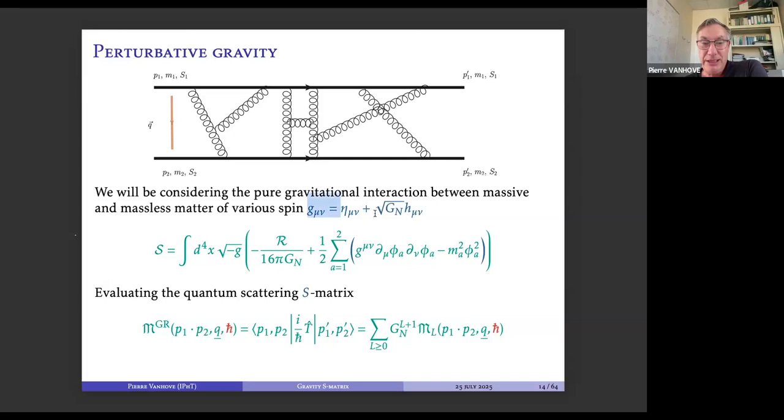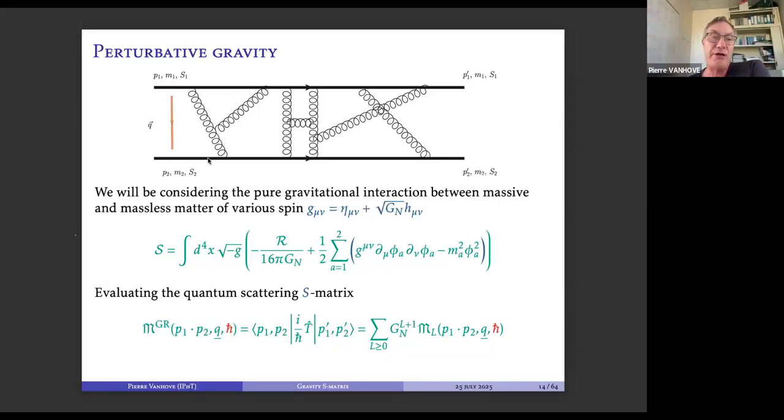So if you think about that, the starting point is to take the metric, space-time, and then you do a perturbation near flat space. So you think that you have two massive objects with spin in flat space-time, and then they scatter.